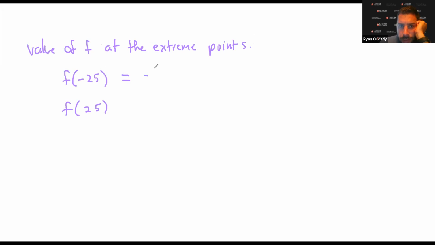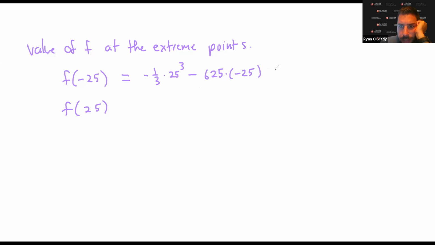So this becomes -1/3 times 25 cubed, because it's 1/3 x cubed. And then this is minus 625 times -25. Now, what's nice about the way this works out is 625 is 25 squared.